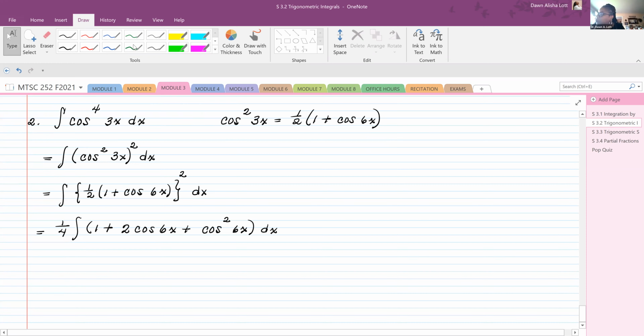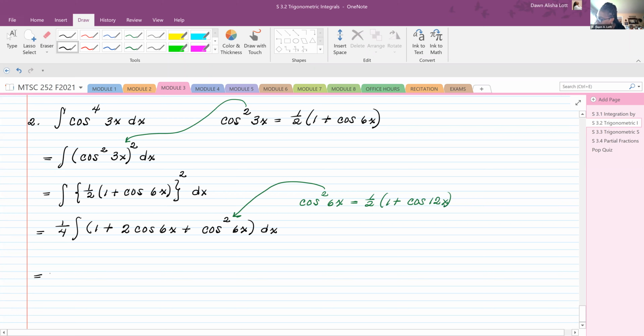So now I have to use that the cosine squared of 6x is 1/2 times 1 plus the cosine of 12x. That has to go in here, just like this had to go in there.